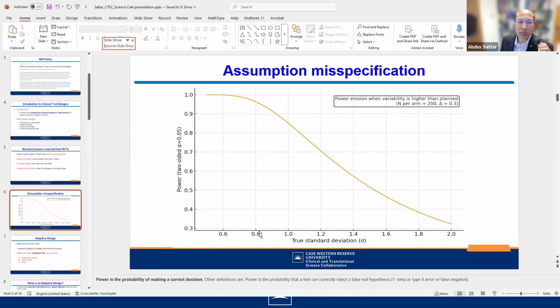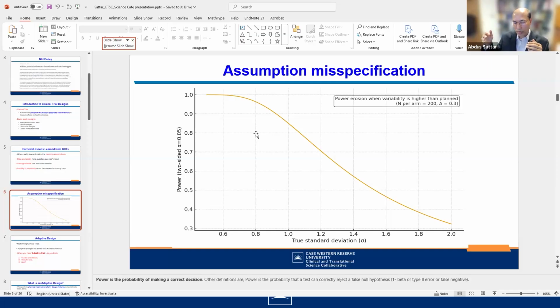And on the other hand, if the standard deviation is smaller, then the power of the inference is high, but we are using extra resources, time, patients, etc. Or even if a drug is truly efficacious, we could stop early and then use that drug for everyday clinical use for patient treatment.